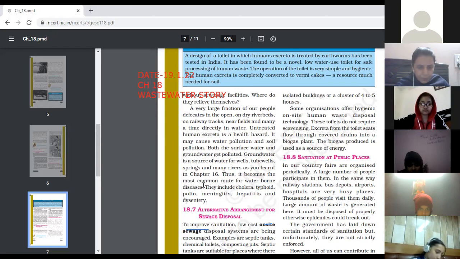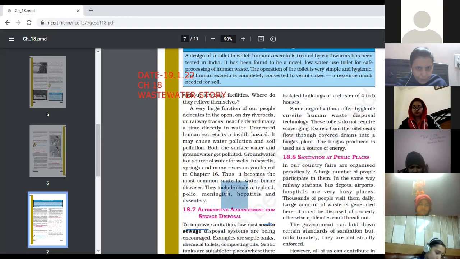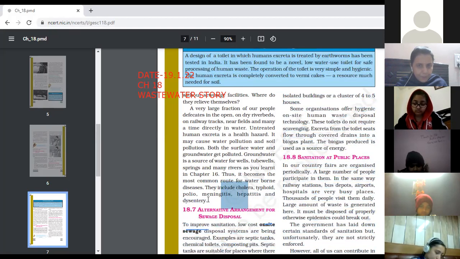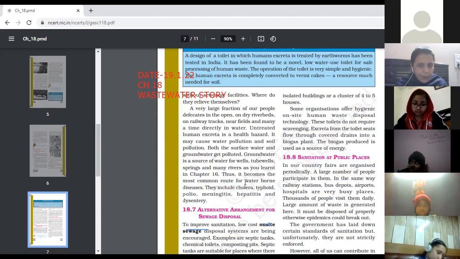They include cholera, typhoid, polio, meningitis, hepatitis, and dysentery. So children, you can underline these are the waterborne diseases. Kindly underline, and if there will be water pollution, soil pollution, these waterborne diseases can be caused easily.